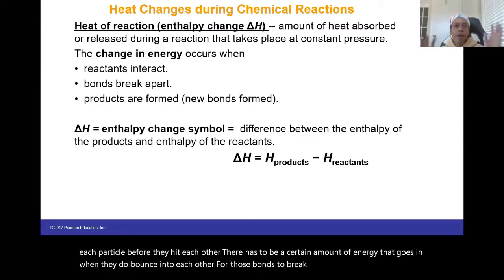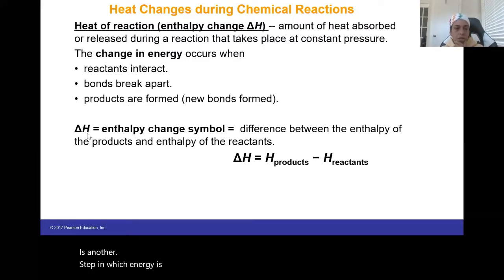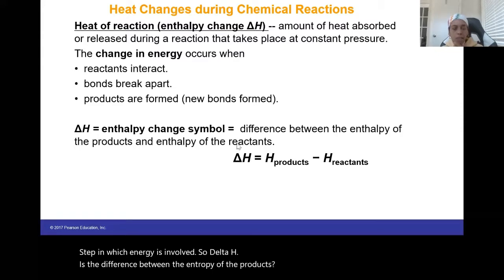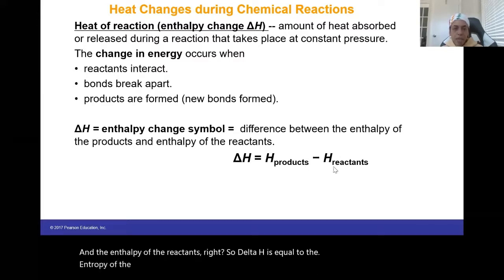And then the rearrangement of those atoms coming back together again is another step in which energy is involved. So delta H is the difference between the enthalpy of the products and the enthalpy of the reactants, right? So delta H is equal to the enthalpy of the products minus the enthalpy of the reactants.